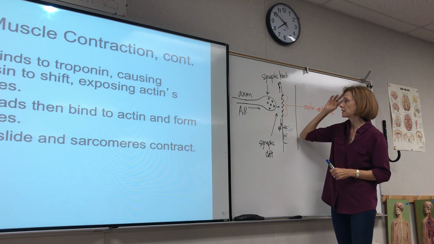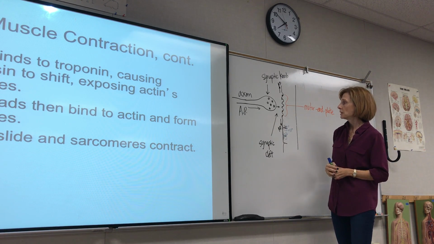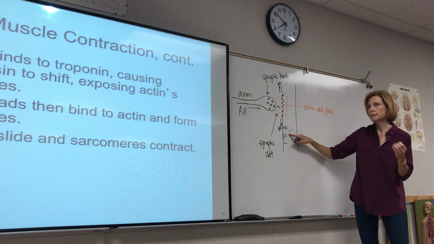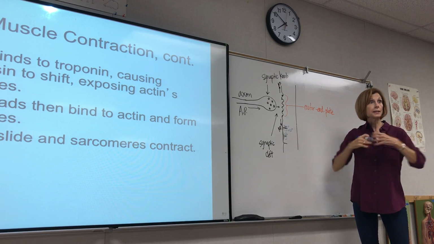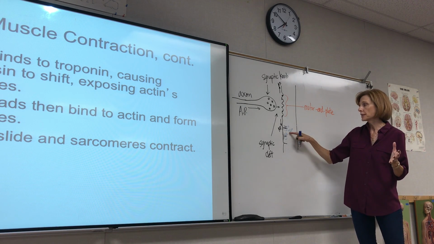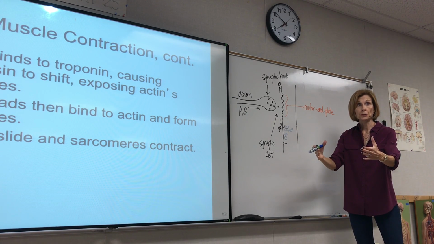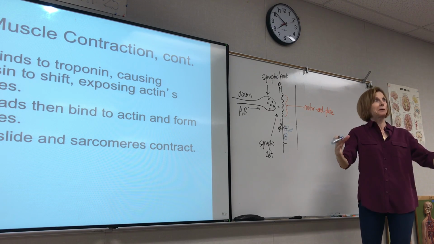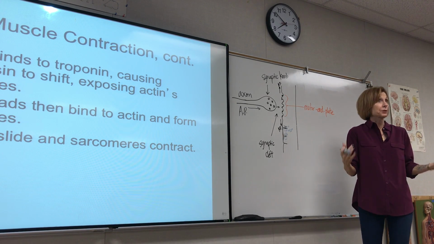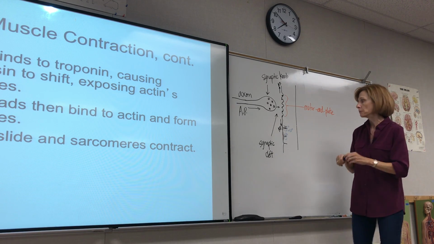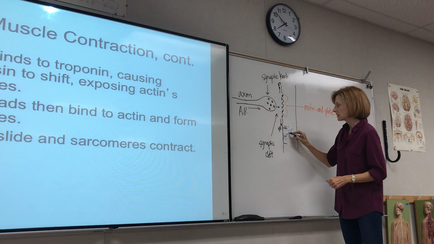Acetylcholine is broken down here by an enzyme. The other thing is, same thing with calcium. Calcium is a chemical that's released out into the sarcoplasm of the muscle cell. Whenever it's released, some of it binds to troponin, but we don't want it to continue binding, because our muscles would be contracted, we wouldn't be able to relax. So to prevent that, any excess calcium is pushed right back into the sarcoplasmic reticulum.